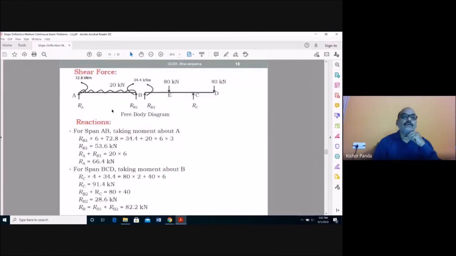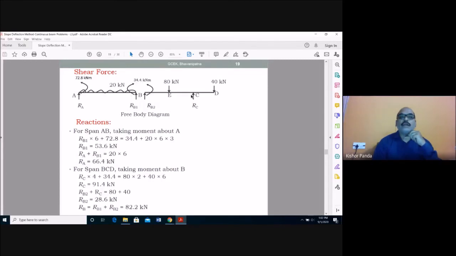Then coming to the shear force. For shear force, you have to take span AB separately and span BCD separately. You take the overhanging portion jointly, included in span BC. What is the moment here? You got the moment anti-clockwise, negative means anti-clockwise and positive means clockwise.